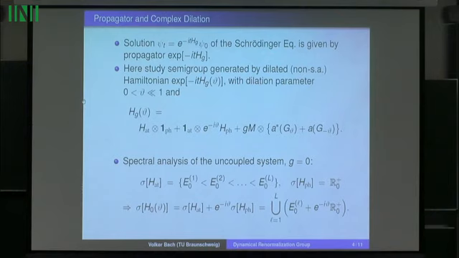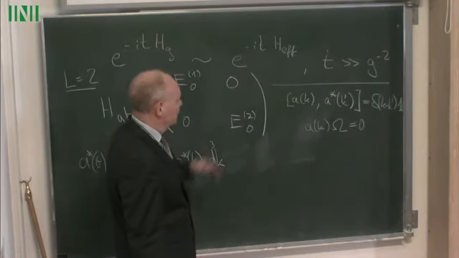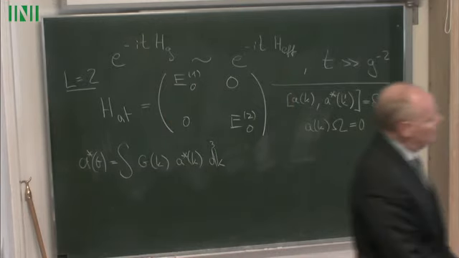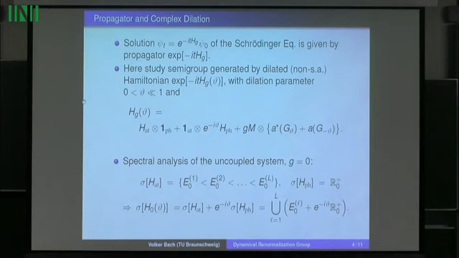Then the atomic energy here for L equal 2 has just 2 levels. Here they are. And then the photon energy is added to these 2 levels.